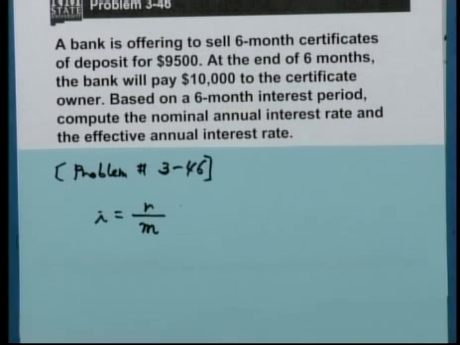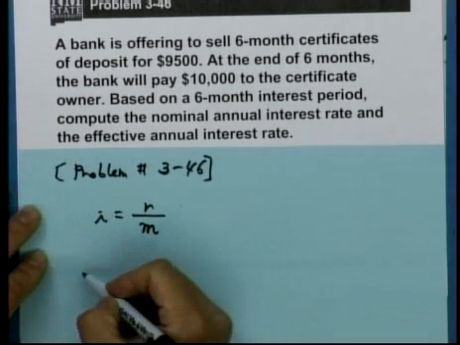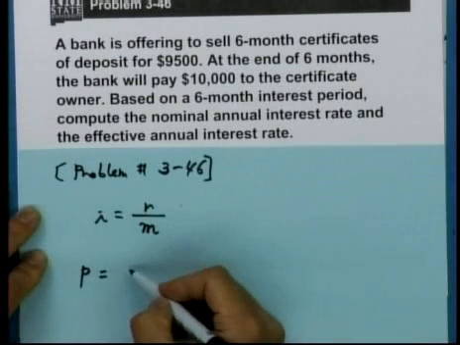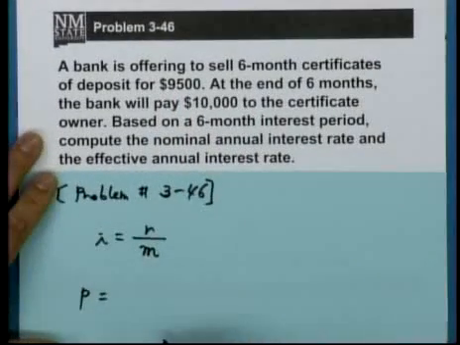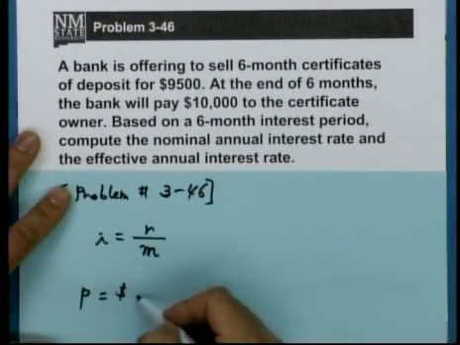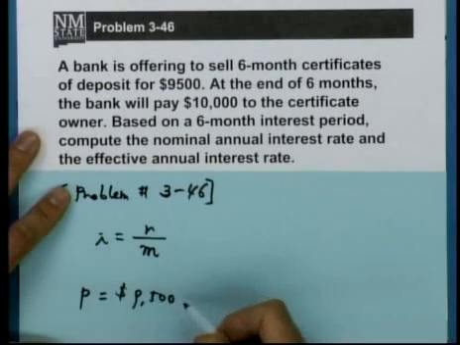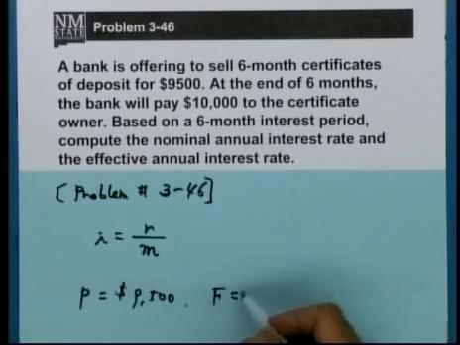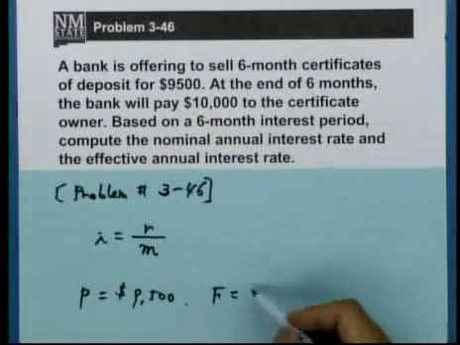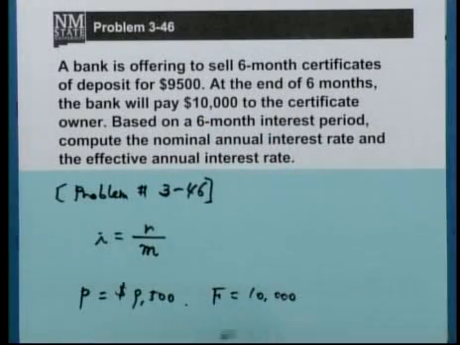So here, P is given as $9,500, and the future sum of money is $10,000, right?